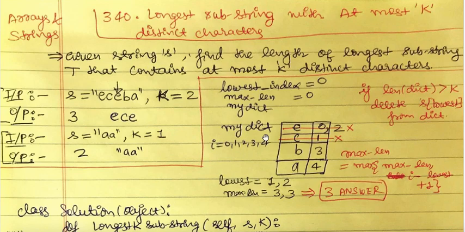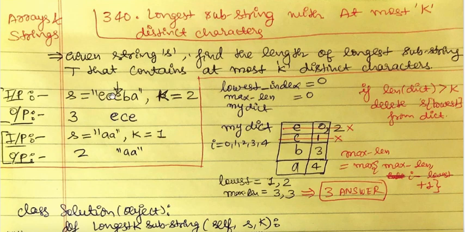Similarly, here in our dictionary, the distinct characters present in the given string are the keys of the dictionary, and the values of the dictionary are the most recent index of those characters.